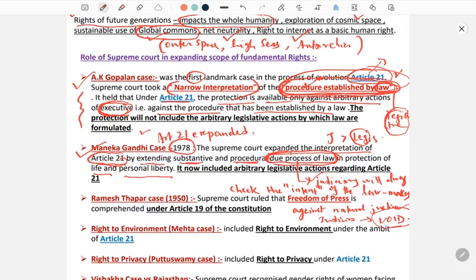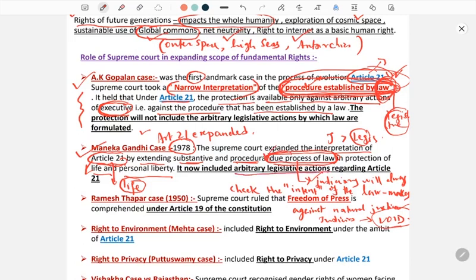So this was added in Article 21 because the Supreme Court said Article 21 deals with life and nothing is more important than protection of life. So we cannot give arbitrary power to the law, and we should not allow the law to infringe our right to life and dignity. That is why due process of law was added. The protection also included arbitrary legislative actions.